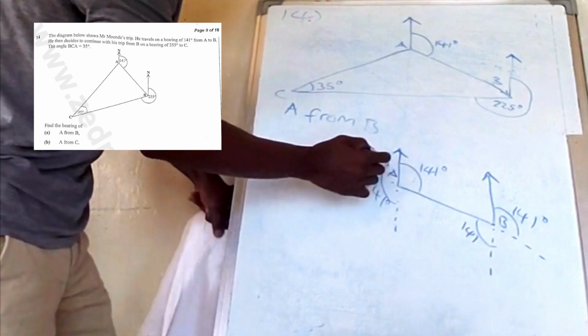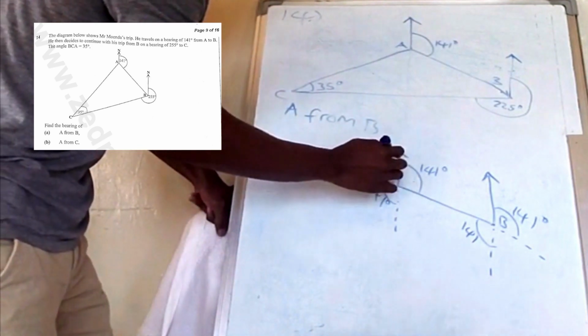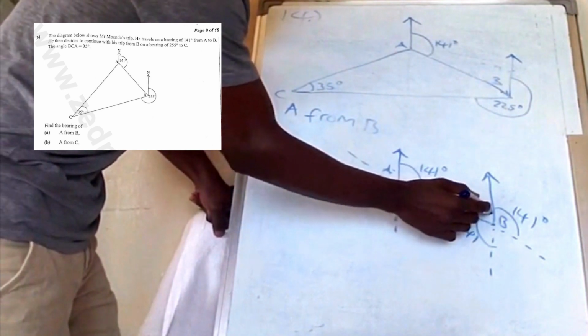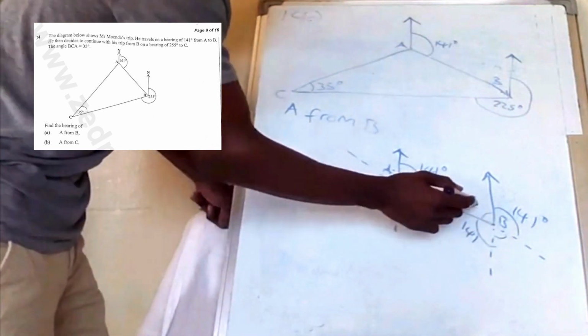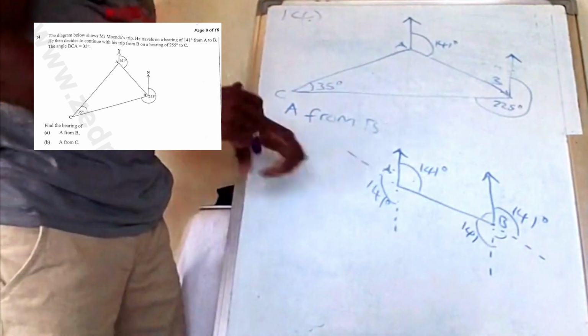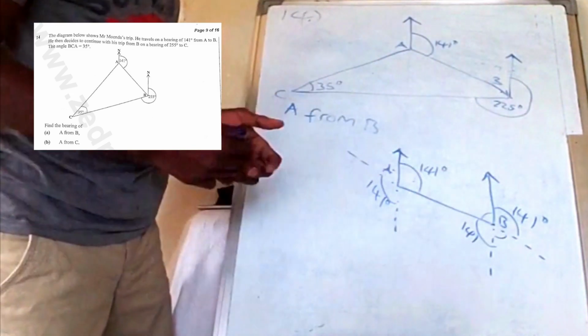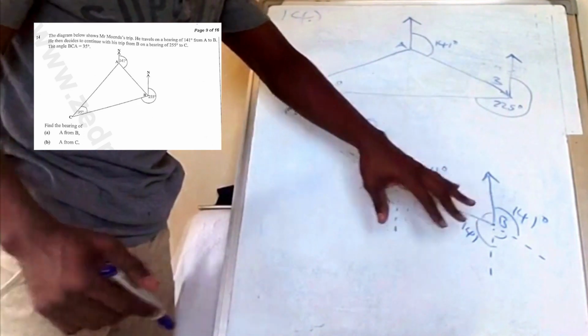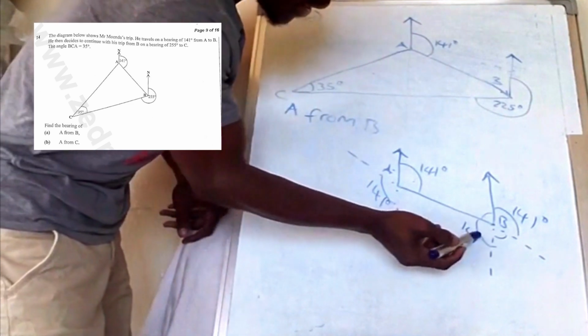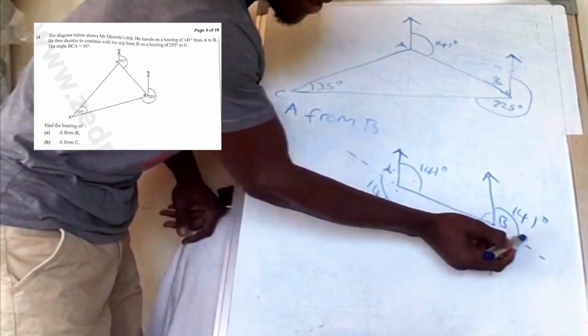And how do we find the angle that we have here? We know that this angle and this angle are exactly the same, and this all should be a revolution. What we can simply say is, this is a straight line.